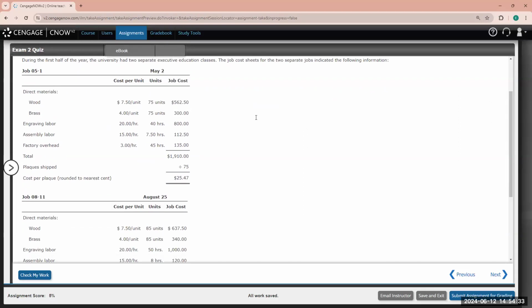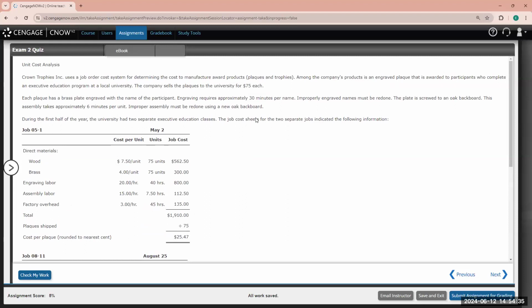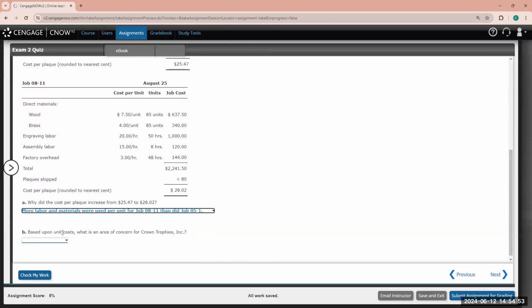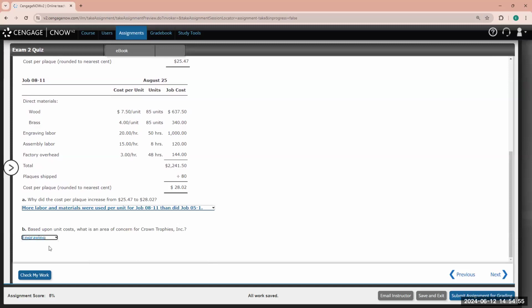Each plaque has a brass plate engraved with the name of the participant, and the engraving takes about 30 minutes. Any improperly engraved names must be redone, and the plate is screwed to the oak backboard. Considering this, the engraver did not meet expectations because more work needed to be put in order to engrave the unit. So therefore, the engraving is an area of concern.